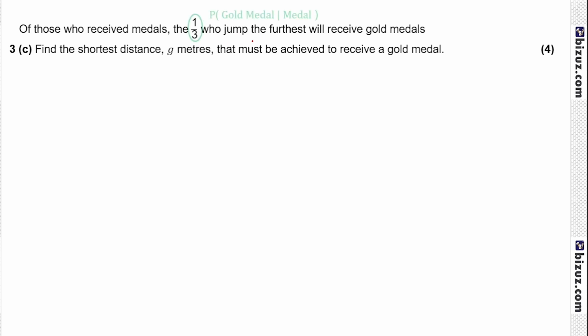All right, so this basically means that the probability of getting a gold medal, given that the student has already achieved a medal, is going to be equal to 1 by 3. Now, part C tells us to find the shortest distance, g meters, that must be achieved to receive a gold medal.